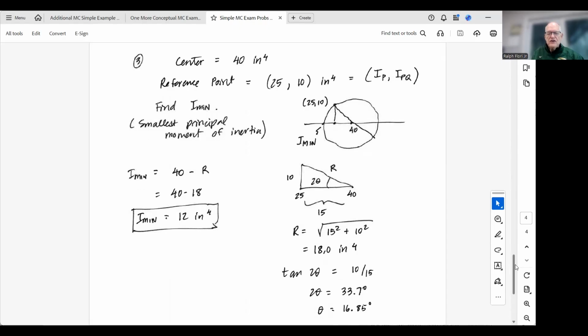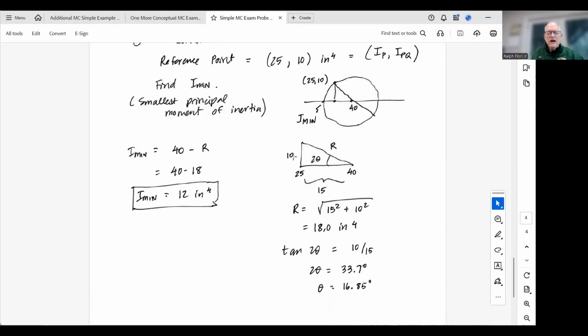Our radius is the square root of 15 squared plus 10 squared, which is 18. The tangent of 2 theta is 10 over 15, so 2 theta is 33.7 and theta is 16.9 degrees.